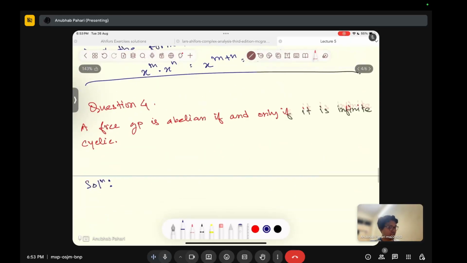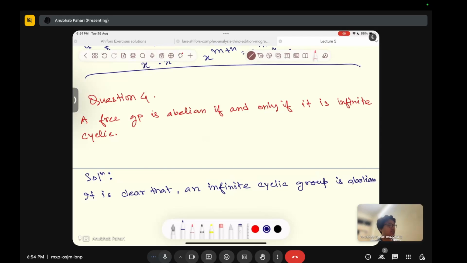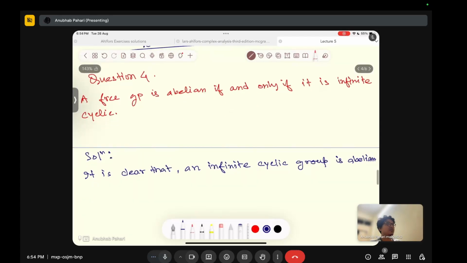Okay, so let us do this. It is clear that an infinite cyclic group is abelian, and it is also free.